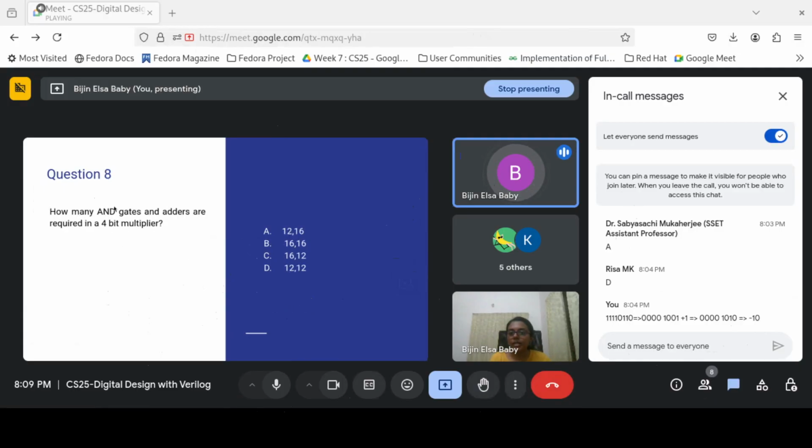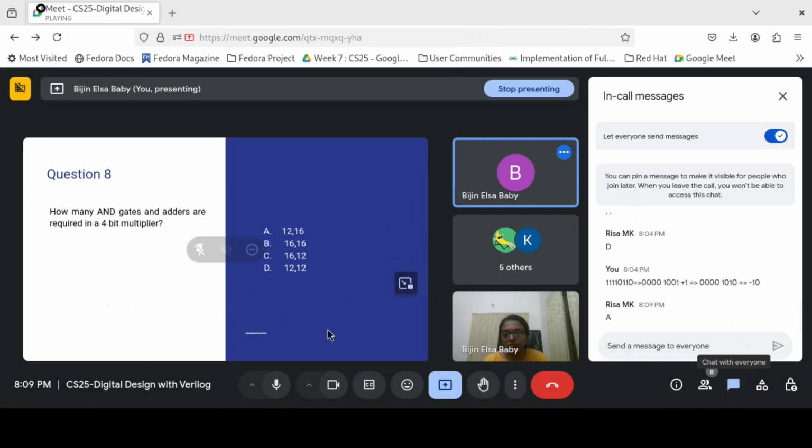The next question, how many AND gates and adders are required in a 4-bit multiplier? If you have n by n, then the AND gates is n into n.